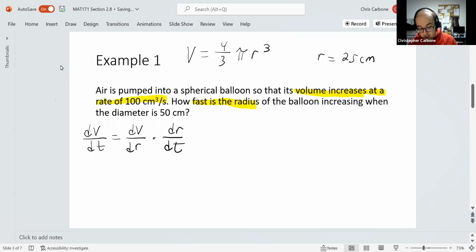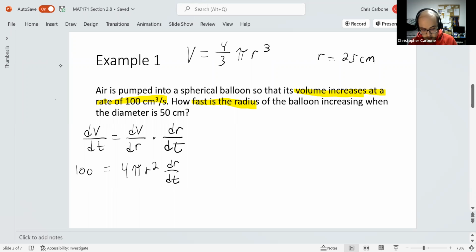From our formula, the derivative of V with respect to r gives 4 times pi times r squared times the derivative of r with respect to t, and this is equal to 100.